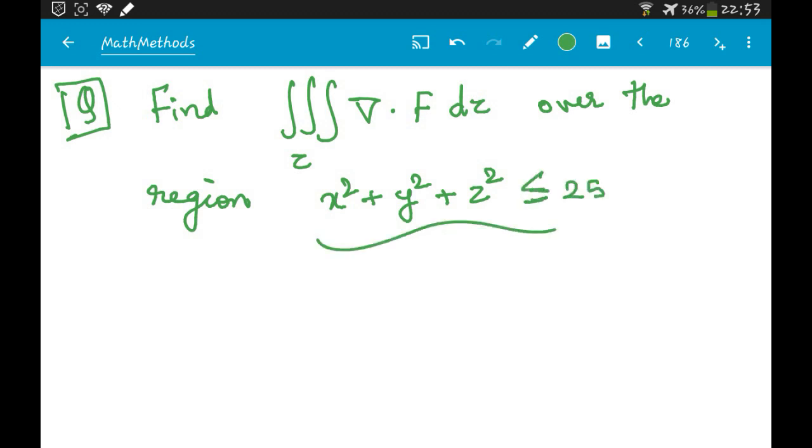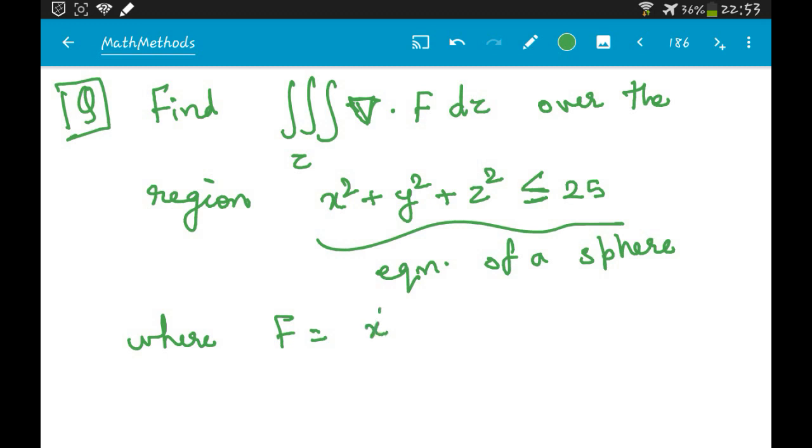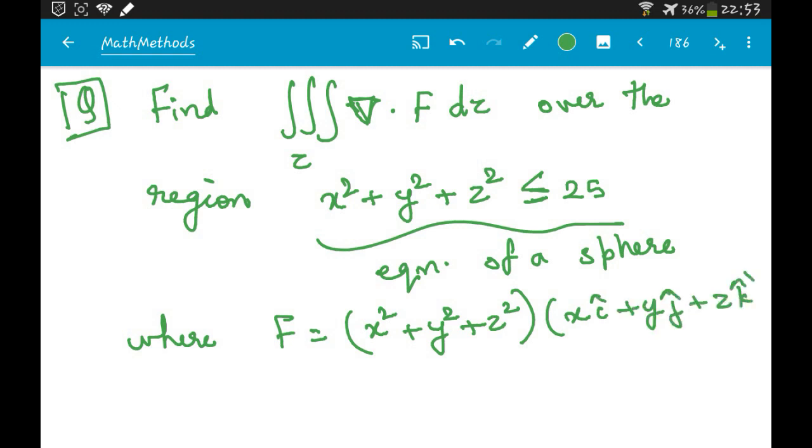So what is this? This is the equation of a sphere. They are asking us to find the volume integral of the divergence of F, where F is equal to x square plus y square plus z square times xi plus yj plus zk.